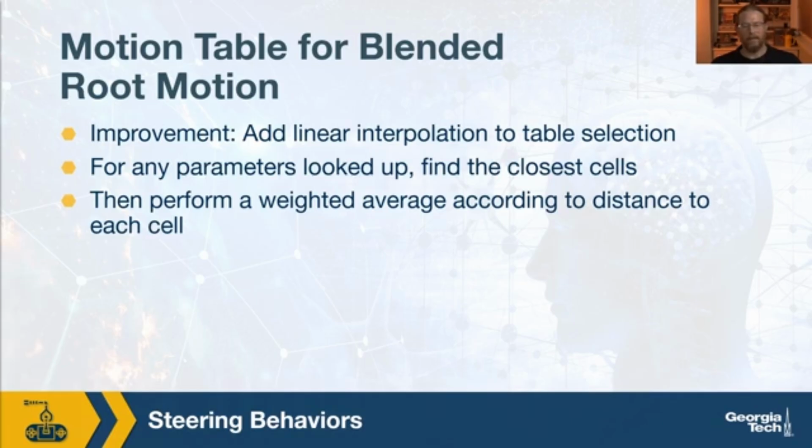So maybe we're in between cells in the vertical and the horizontal, so that we might take the average of 4 cells. And so that's just like a linear interpolation, and that can improve the quality of the result, which again would be the parameters that we want to pass to the input system to get the desired output behavior.